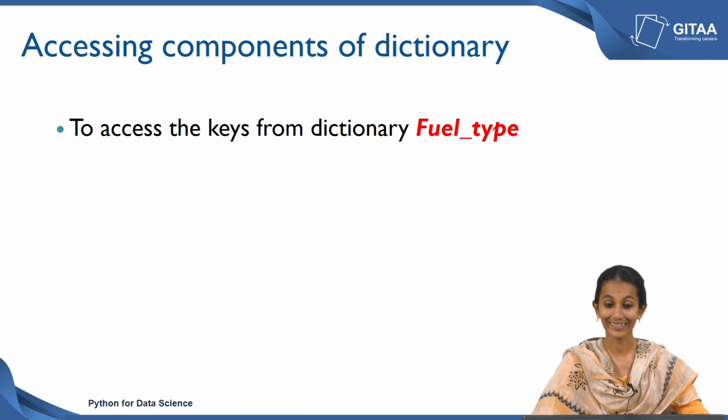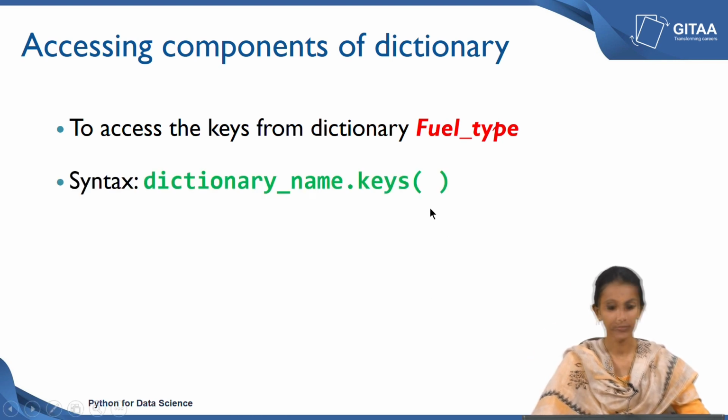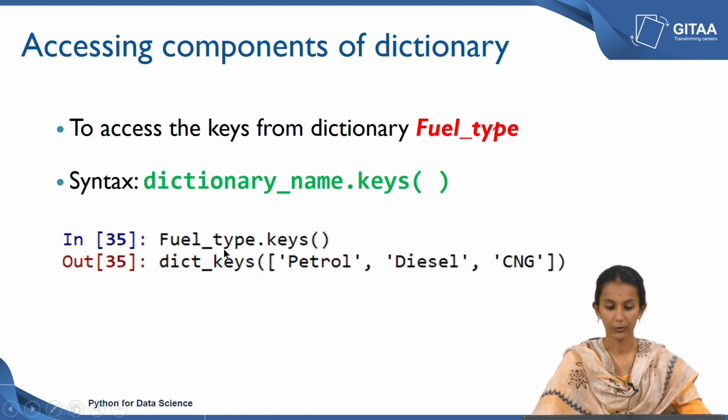Next, I wanted to access the keys from the dictionary fuel_type. The syntax is dictionary_name dot keys, so fuel_type dot keys. It gives you an output of the keys: dict_keys, which has the values petrol, diesel and CNG.